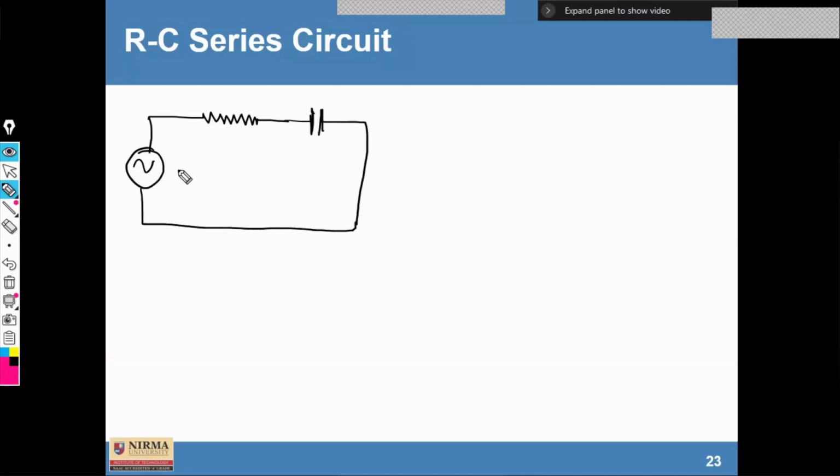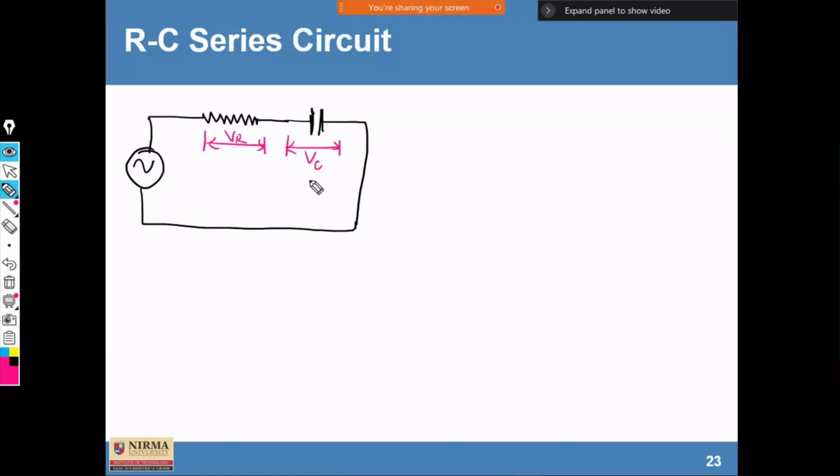Here we can write the voltage drop VR. We have also drawn the vectors of both the individual components. Here it is VR and current I, because the same current I is flowing through both the passive elements which are connected in series.